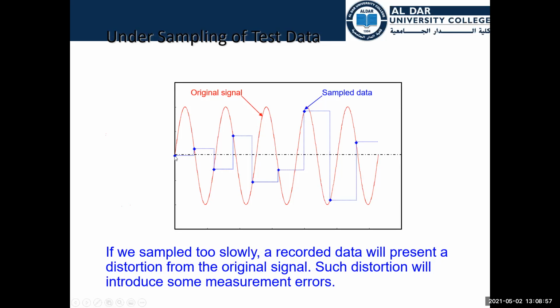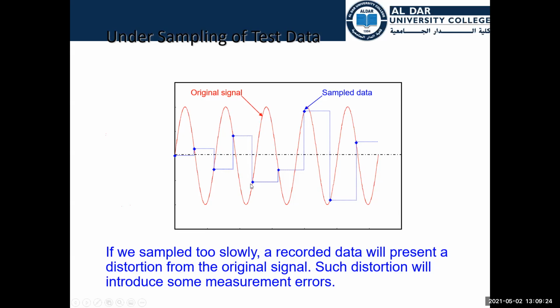We take one sample here, one sample there, and so on. This is the resulting signal, the sampled data. The original signal is in red, and the sampled signal is in dotted blue.